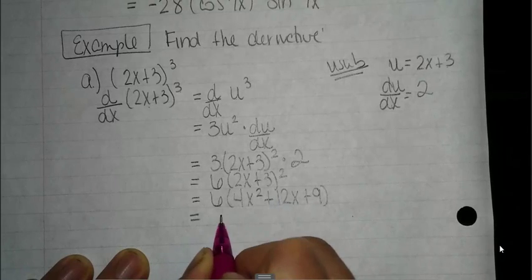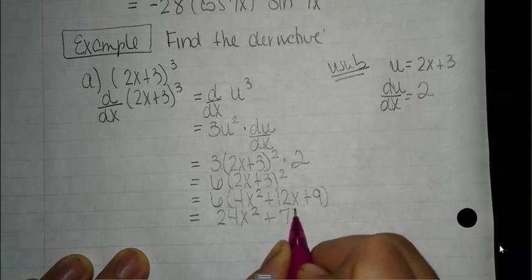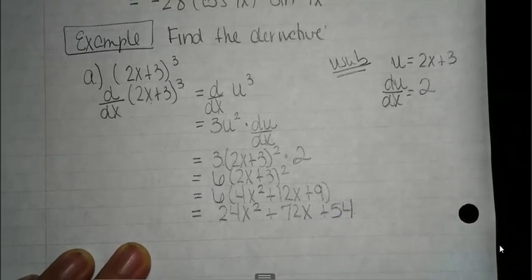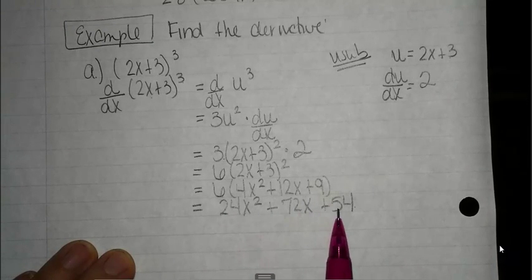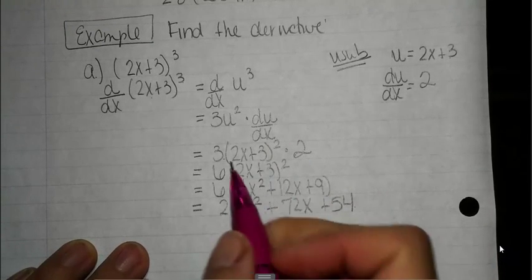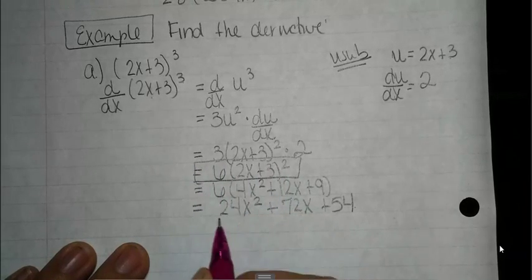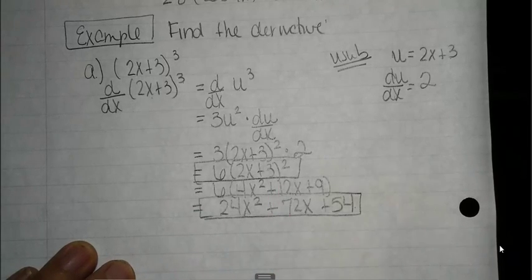And altogether, I could end up with 24x squared plus 72x plus 54. There will be a time and a place. Sometimes you'll need to multiply it out. Other times you won't. Okay? So either one of these answers at this point is good. But in case we needed to simplify it or combine it with something else, either one of these two will work.